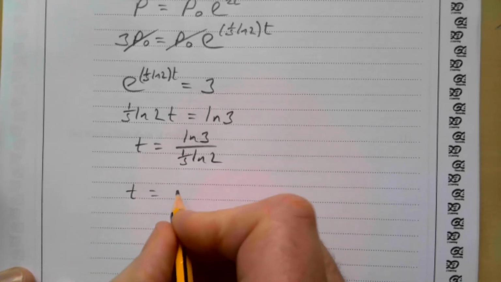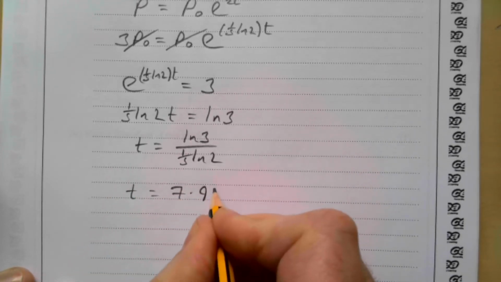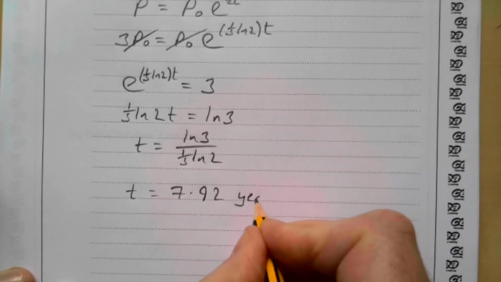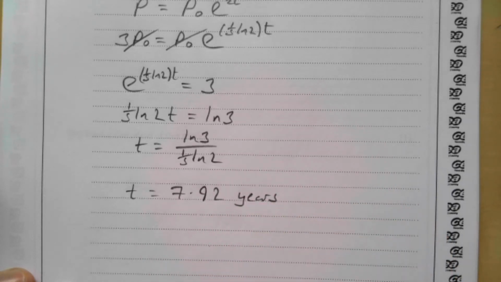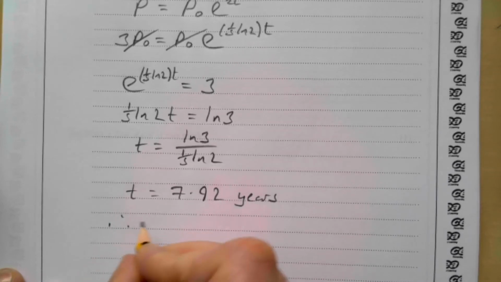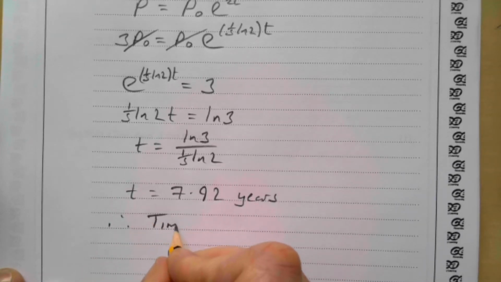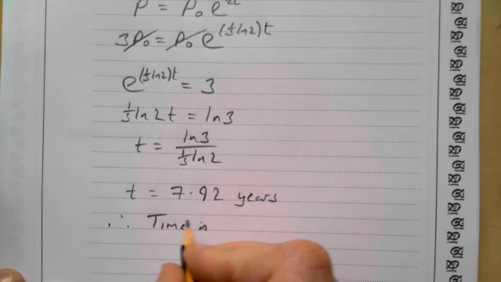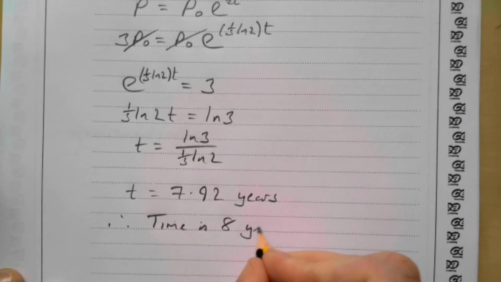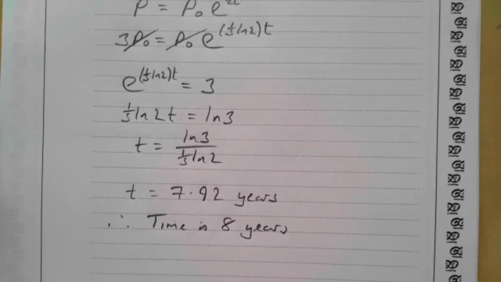That gives us t is 7.92 years. It asks for the nearest year, therefore the time is 8 years.